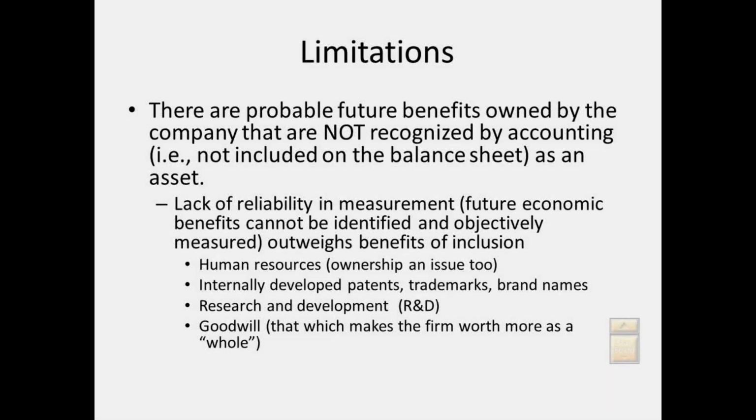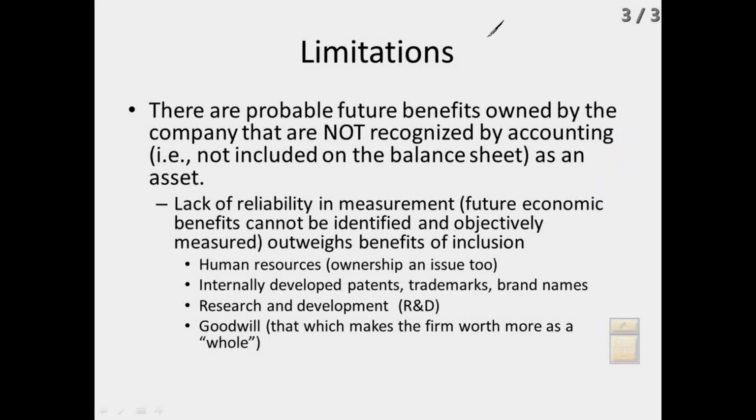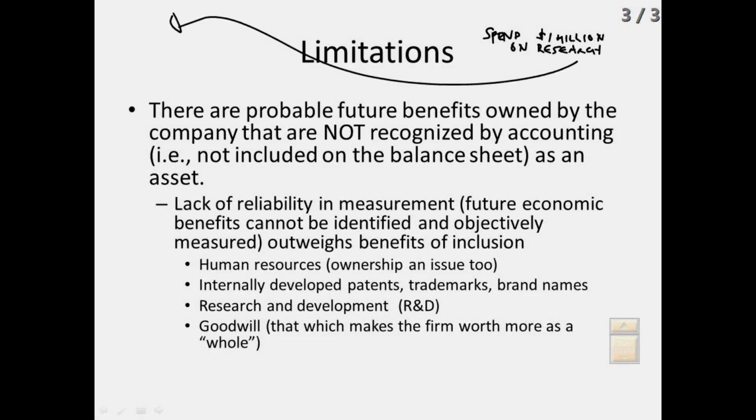So this is talking about whether it's an asset or not, okay? What we mean by that is, let's say I spend $1 million on research. There are two choices we could make.